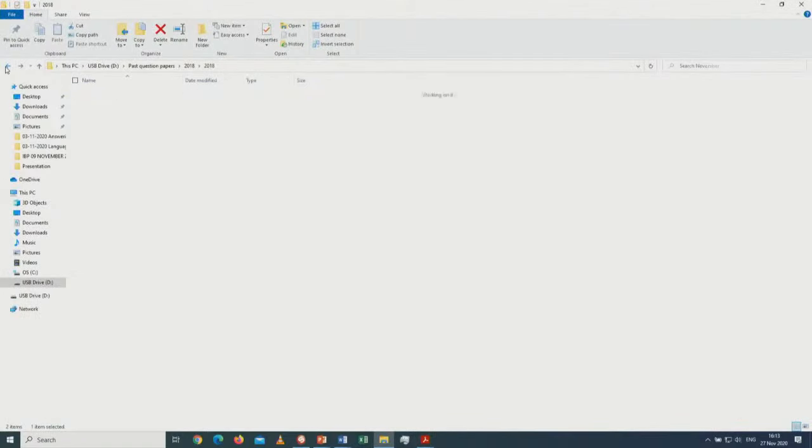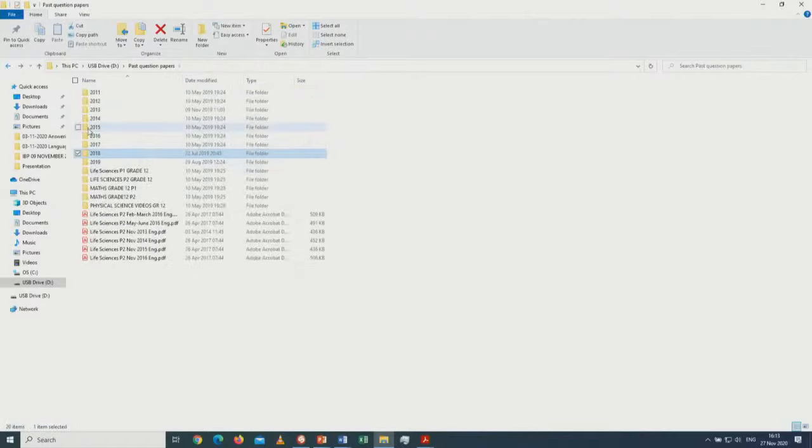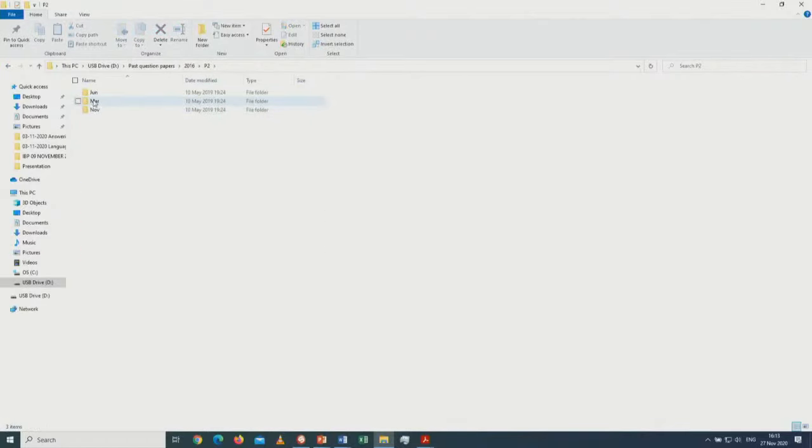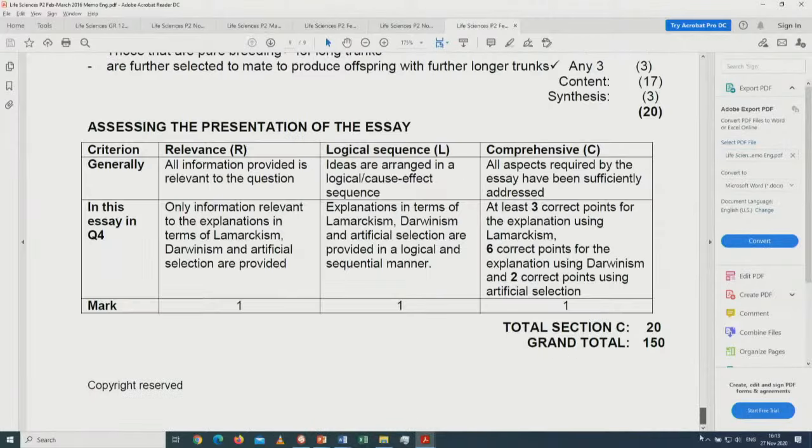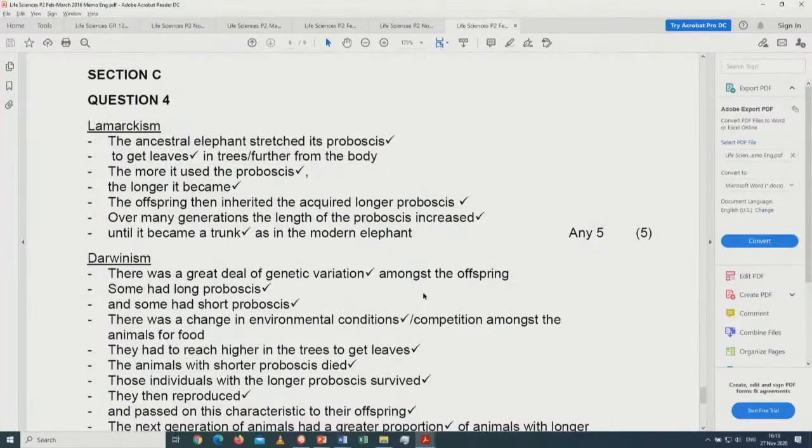Now, if you answer this question, Lamarckism will state that the ancestral elephant stretched its proboscis frequently to get leaves on the trees, and then the more it used its proboscis, the longer it became. The offspring then inherited the acquired longer proboscis over many generations, and then the length of proboscis increased until it became a trunk.